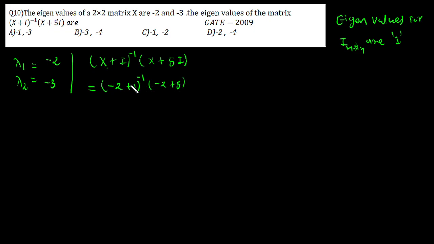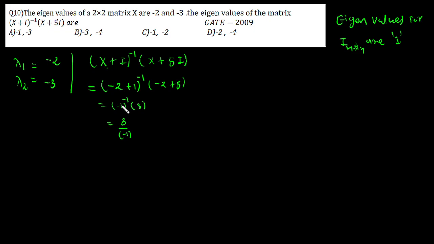Now here it becomes a scalar. So minus 1 to the power minus 1, and again here plus 3. So here the inverse of minus 1 is just a scalar. In the same way, the negative power will bring it into the denominator.